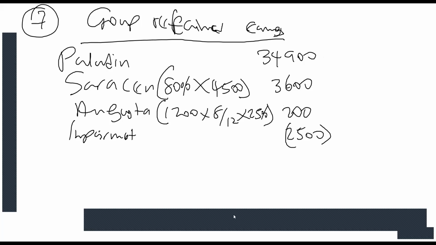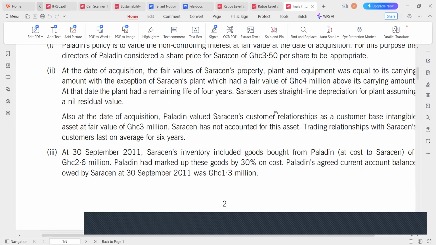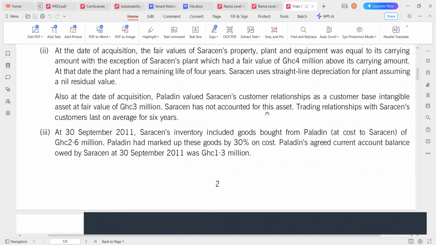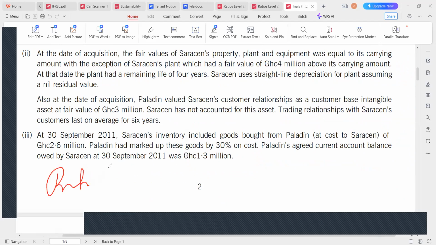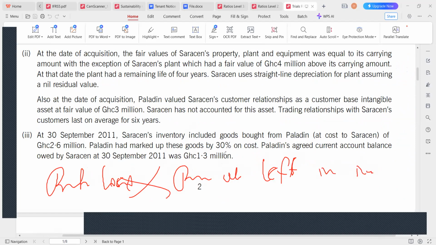There are a lot of things that will affect the parent. But there was a particular note we read. It said it will affect the parent: the unrealized profit. So let's read unrealized profit. Now, who made the sale? It is Paladin. How do you calculate unrealized profit? It is the profit loading times the proportion of goods left in inventory. The profit loading is 30% on cost markup.